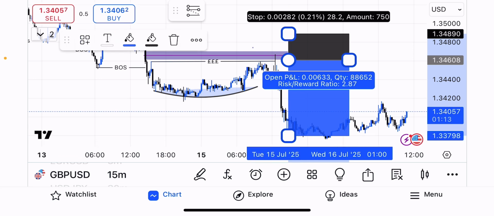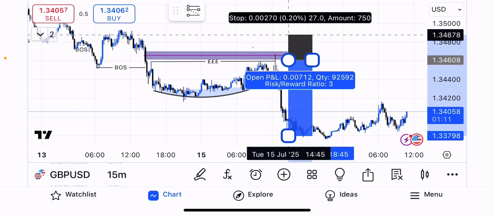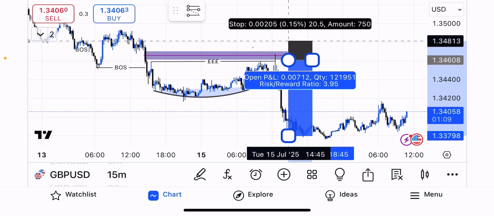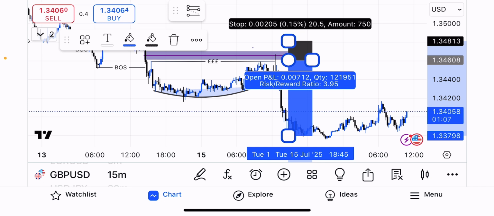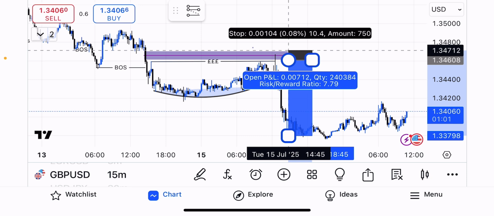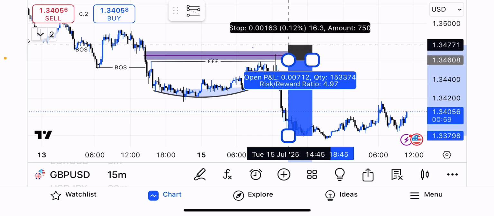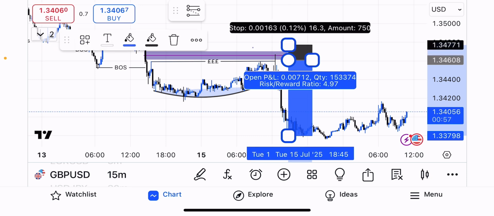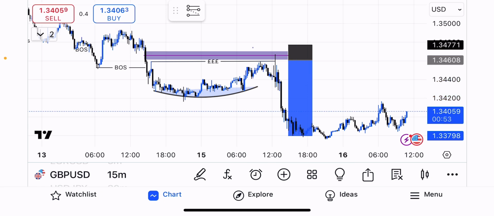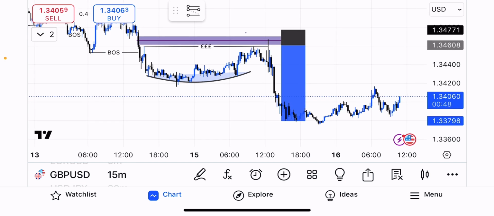Also, always set your stop above your block. It is very necessary. Set it above your block. Don't set it here. Set it above like this, because the market can do anything. So I was risking 16.3 pips, aiming for 70 something pips.